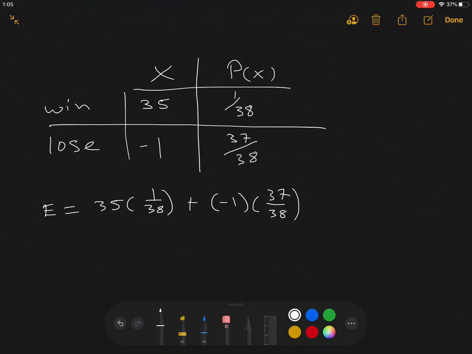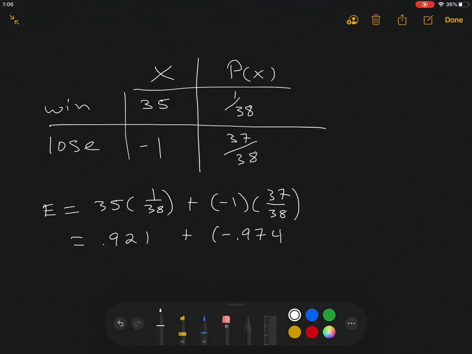And so when we add those two values, 35 divided by 38 is 0.921 to 3 decimal places, plus -1 times 37/38, or just 37 divided by 38 being negative, would be -0.974 if you round to 3 decimal places.